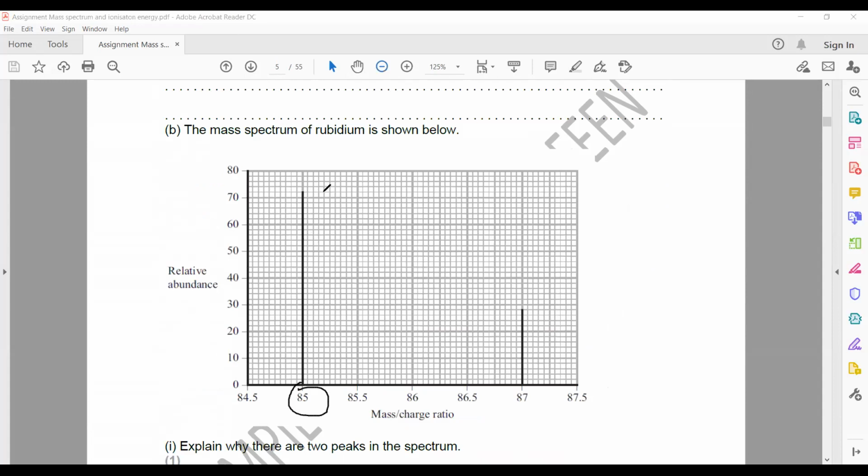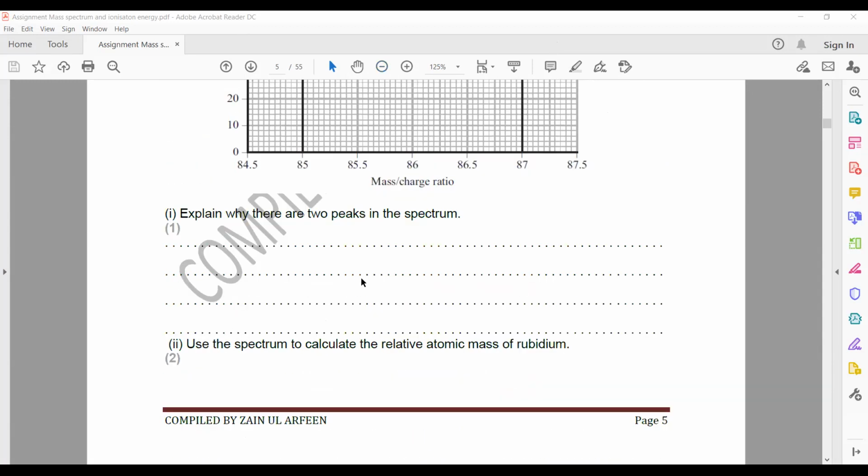So 85, this was 72%, and this is 87, which was 28%. So 72 multiplied by 85 plus 28 multiplied by 87 divided by 100. So we got the relative atomic mass of this sample.